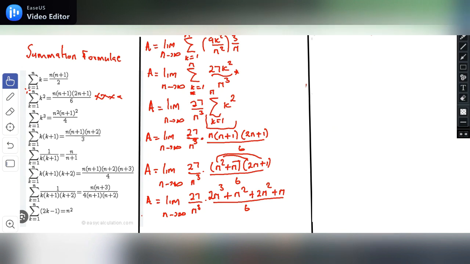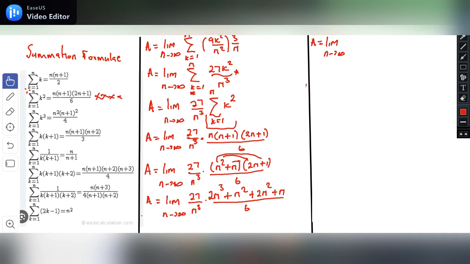Okay guys, so now we can continue with our expression. We have A equals the limit as n approaches infinity, of, not sigma, sorry guys. Let me erase it. Yo, this thing requires a lot of writing.